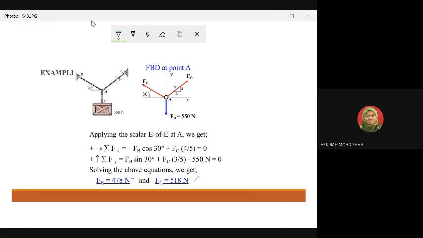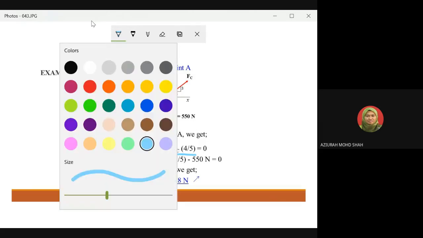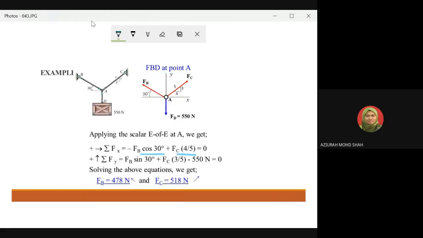Okay. Fx is equal to negative FB cos 30. Faham? Sebelum ni dapat macam mana? FC 4/5 ni ada isu lagi tak? Hopefully dah tak ada lah. Kalau ada nanti PM saya lah. So this one FB sin 30 for the Y. Yang ini kita pakai 3/5 lah.